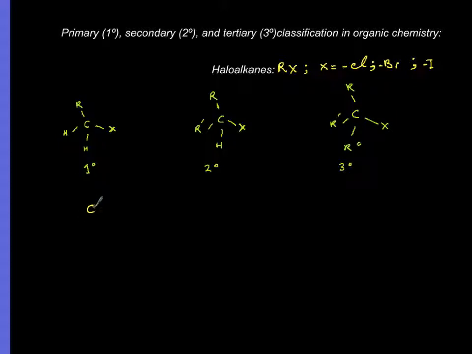So if I give you CH3Cl, this is an example of a primary, and it's chloromethane. Now if I only put an alkyl group and two other hydrogens, something like this, CH2CH3, then again you're still primary because you still have two hydrogens left on that carbon, which is attached to chlorine. So this is chloroethane.